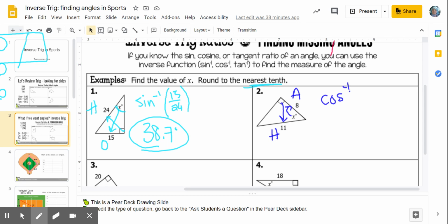Again, I'm looking for the angle, so I got to put that -1, that inverse. And then if I don't remember, TOA, the A and the H are my fraction. So the A is the 8 and the 11 is the H. And then what do you get when you put that in your calculator?